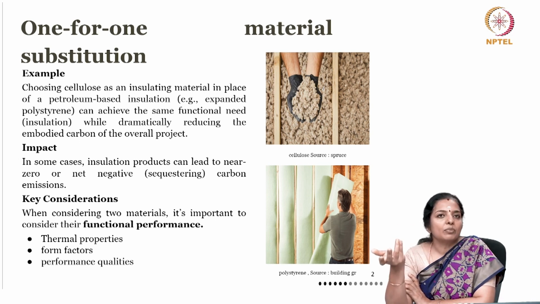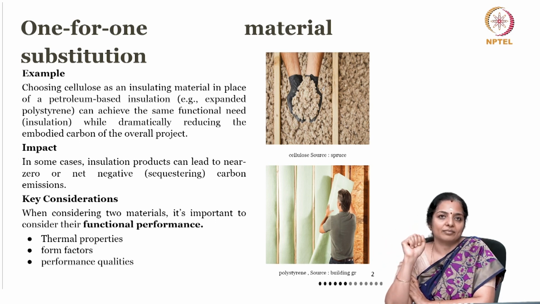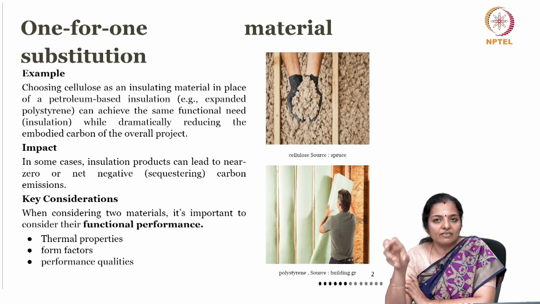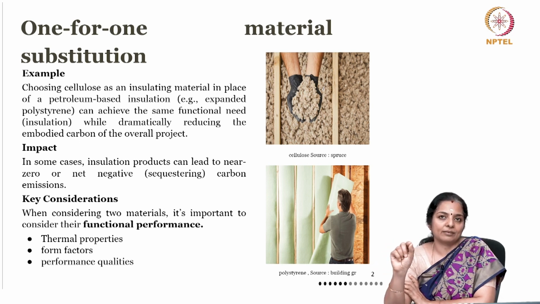Again, another example we can think of is when you choose cellulose as an insulating material instead of petroleum based insulation, like for example expanded polystyrene. Now, you satisfy the same functional need, which is insulation, but you will dramatically reduce the embodied carbon of the overall project.